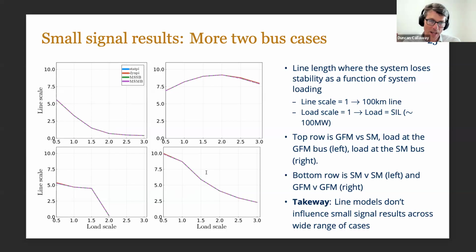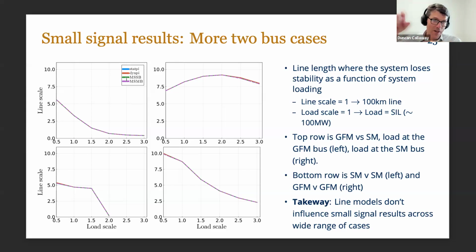For all of these different cases, and because I'm running out of time, I won't go into all of them, what we see is that each one of those different line models, especially the dynamic pi versus the multi-segment single branch and multi-segment multi-branch, are giving us the same stability conclusions. Something that we still need to circle back to and look at is changing those parameters as we did in the prior case, especially since I'm showing you this out of sequence.